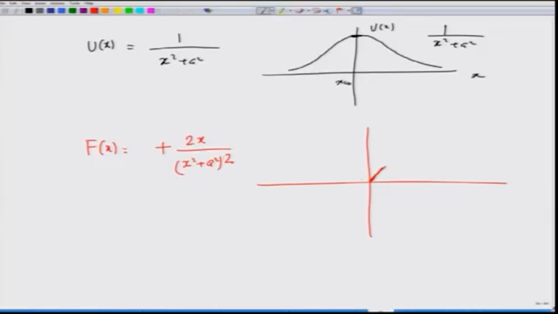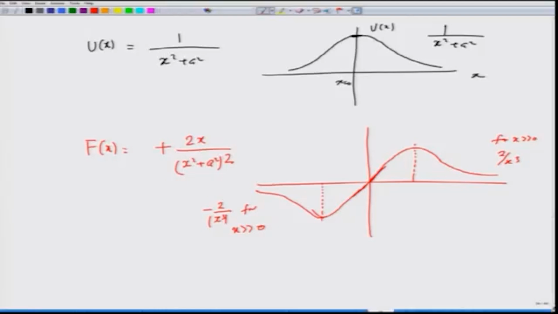and is positive on the right hand side, negative on the left hand side, attains a large value and then goes down as 2 over x cube for x much greater than 0. I will leave it for you to calculate where the maximum or the minimum of the force is, but you can again see that this is the nature of the force.